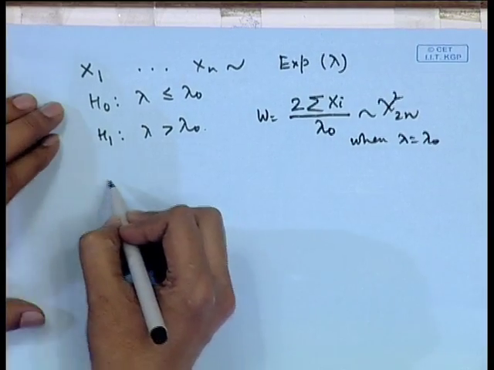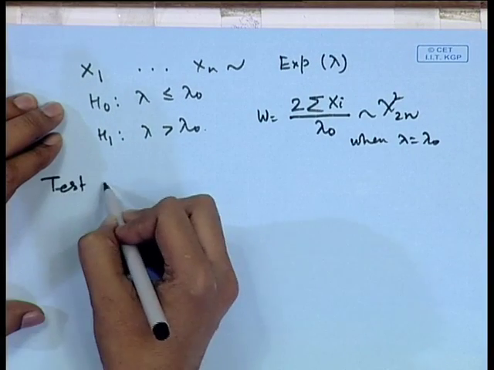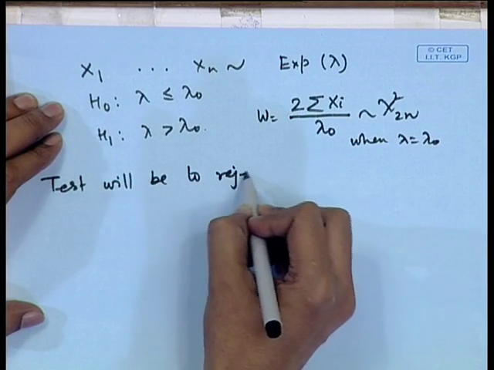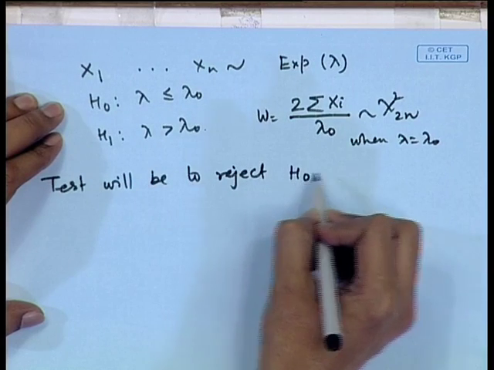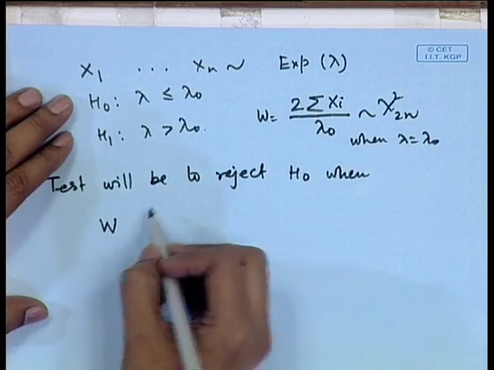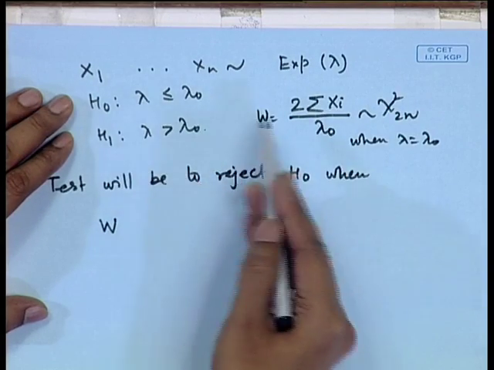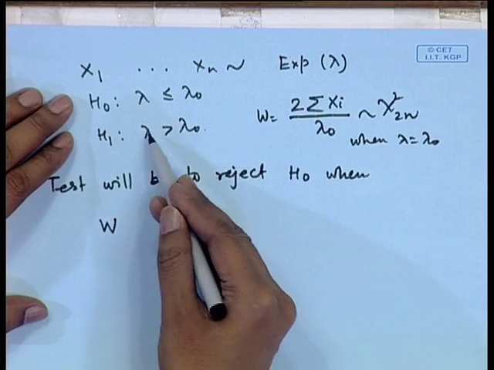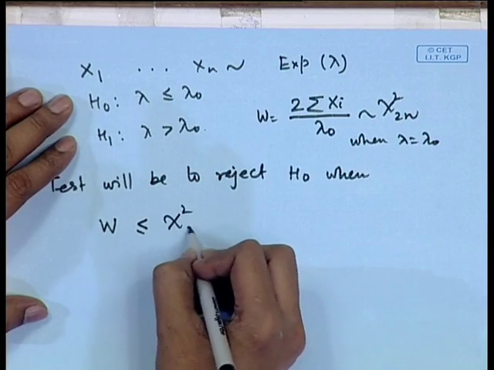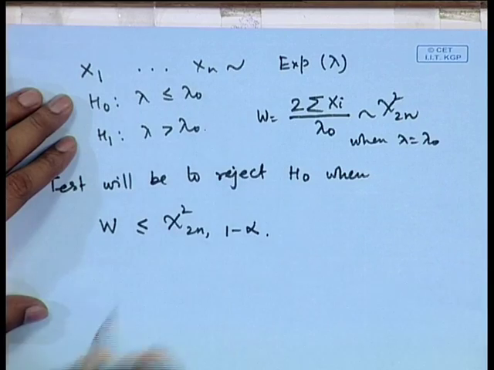So, the test function will be to reject H naught when W is small. Since W is favoring 1 by lambda higher value, a smaller value of 1 by lambda will correspond to W less than or equal to chi square 2n, 1 minus alpha.